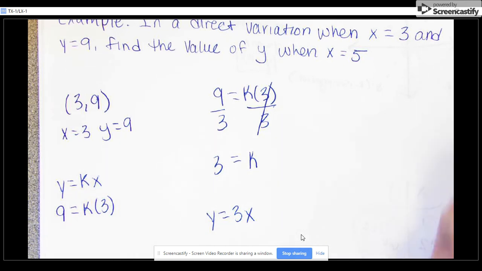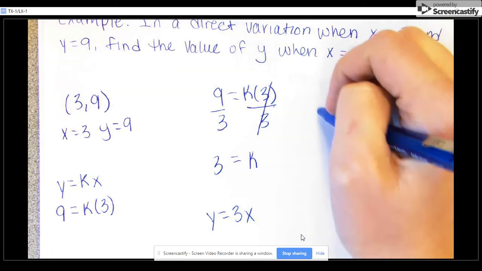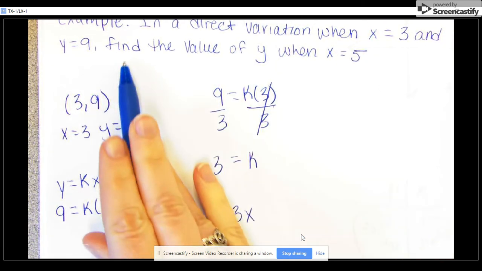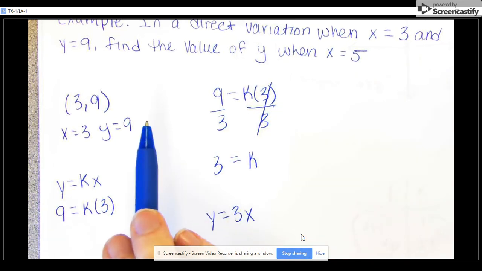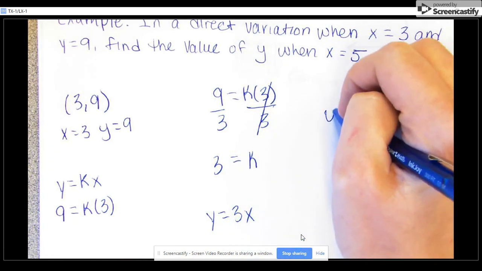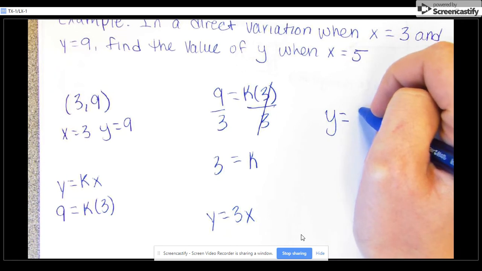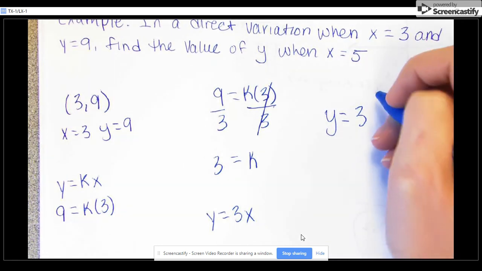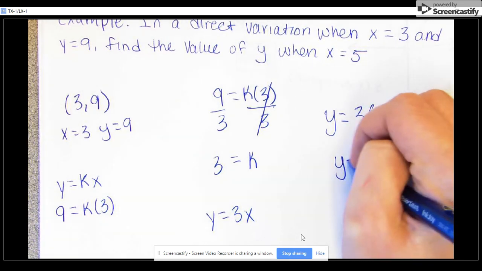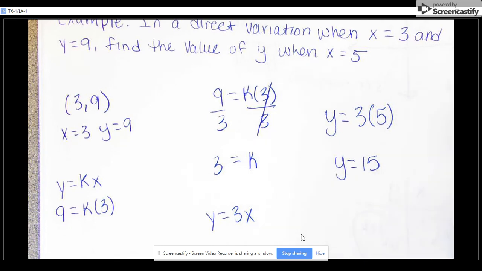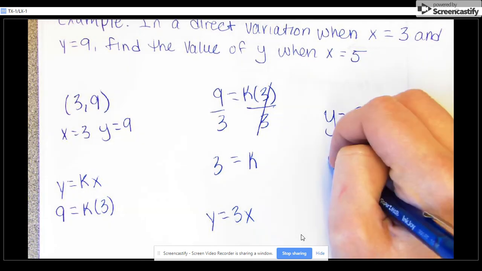So what I mean is that I need to find the value of y when x equals 5. So I need to find y. I know my constant is 3, and my new x value is going to be 5. 3 times 5, I know, is 15, and I have my answer.